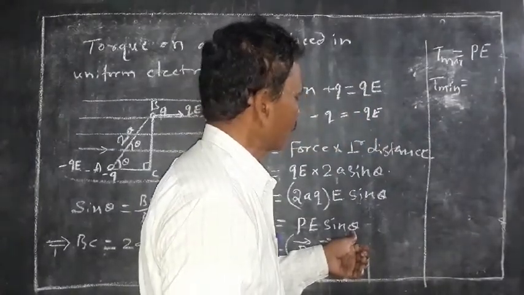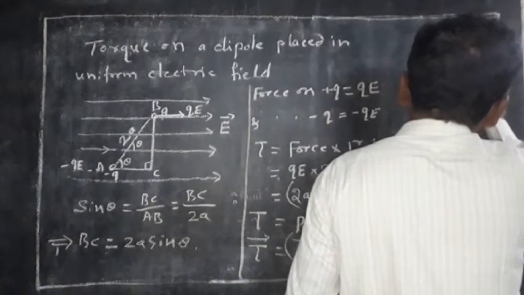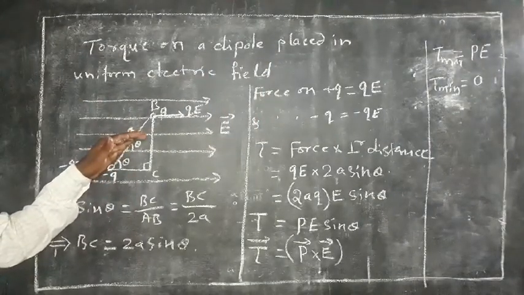If theta equals 0, sin 0 equals 0, hence the torque acting on a dipole is 0.